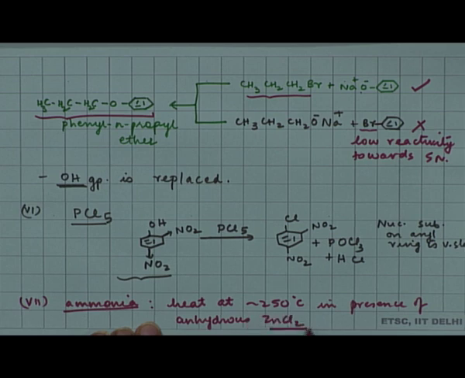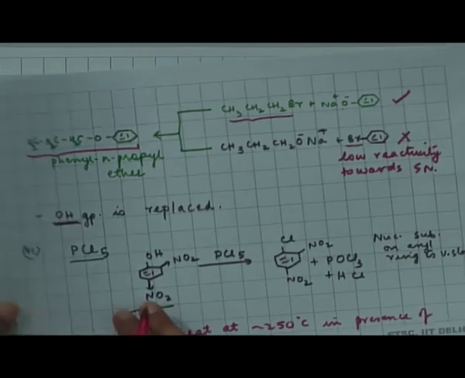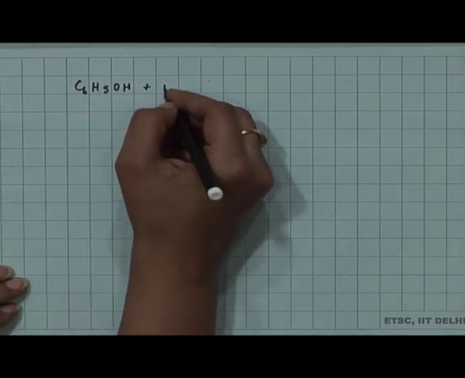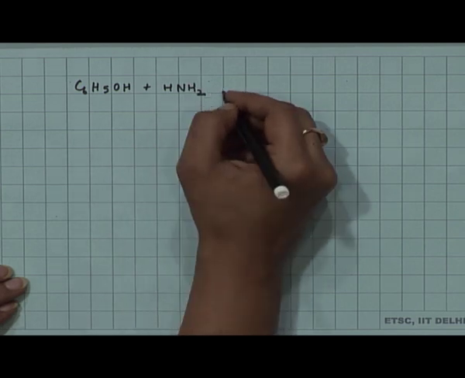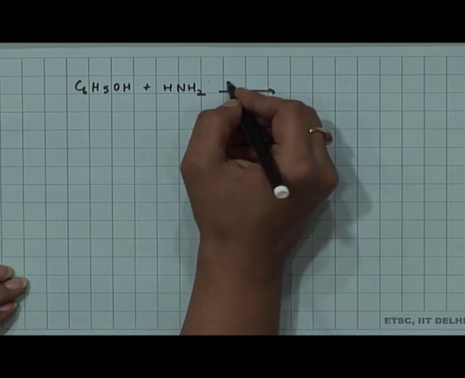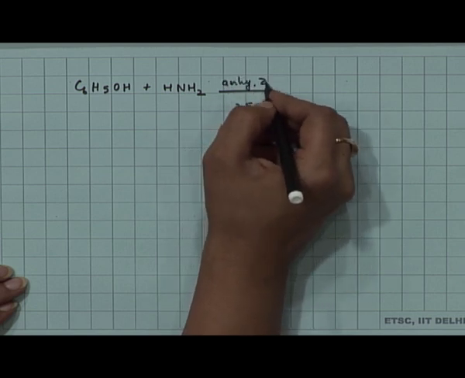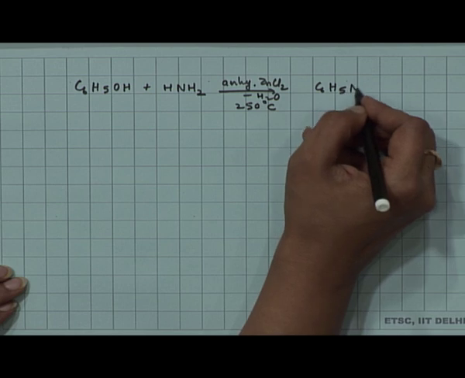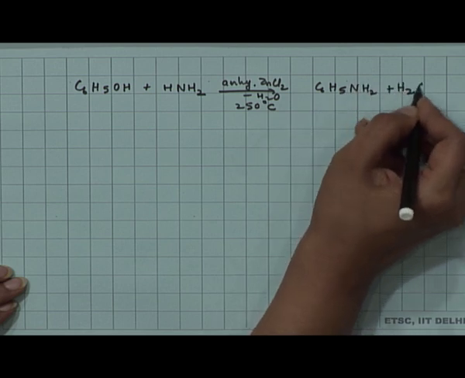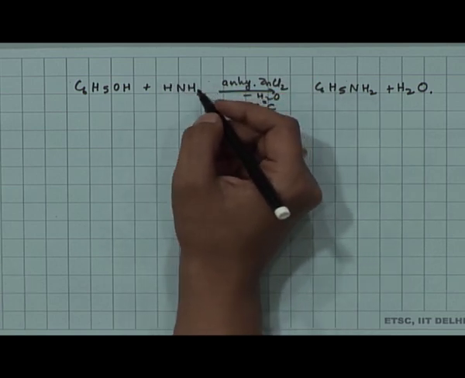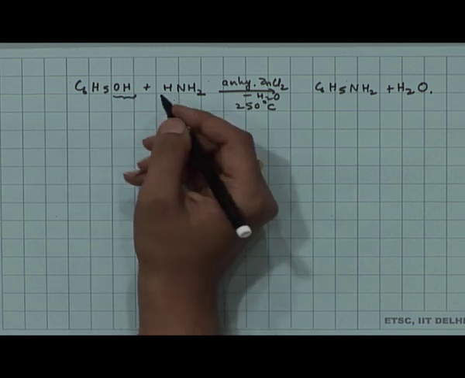This is the reaction with another nucleophile, that is ammonia. You react the phenol with ammonia at about 250 degrees centigrade in the presence of anhydrous zinc chloride to give aryl amines as the product. However, the OH substitution is more facile in alcohols as compared to that in phenols.